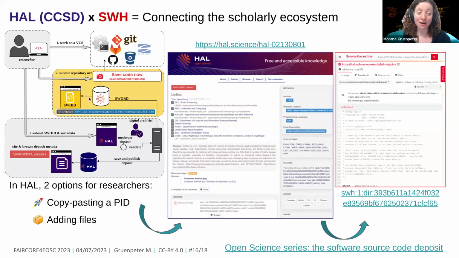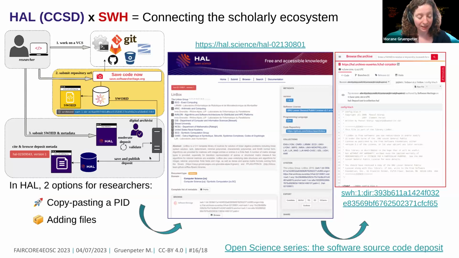Now, if the researcher here had a codemeta.json file in the repository, HAL will know how to read this file. It will import the properties to the record, and then this software record will be moderated by software curators and moderators behind the scenes and be accepted.